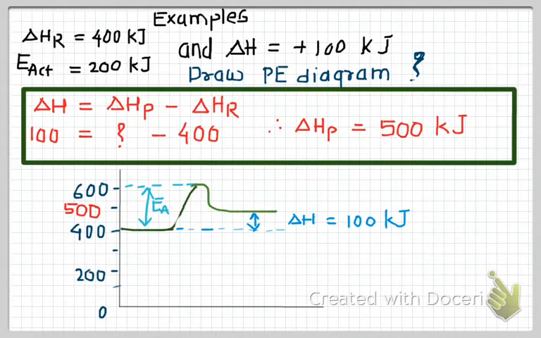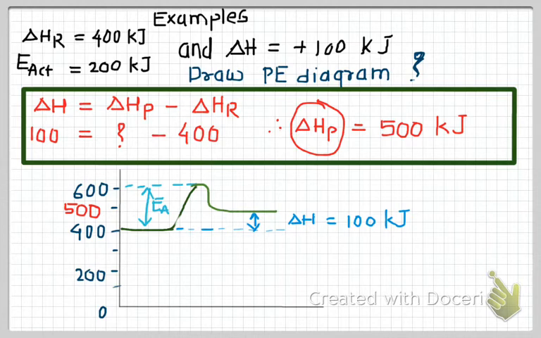Now consider the example for endothermic reaction, and we have the following data: enthalpy for reactant is 400 kilojoule, energy of activation is 200 kilojoule, and change in enthalpy is plus 100 kilojoule. So from that we need to draw the potential energy diagram. As we did previously, we similarly calculate the enthalpy for the product. Putting the values in the equation, delta H equals enthalpy of product minus enthalpy of reactants, we get the enthalpy of product as 500 kilojoule.